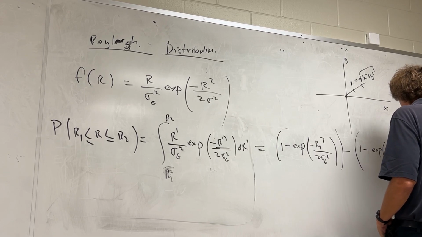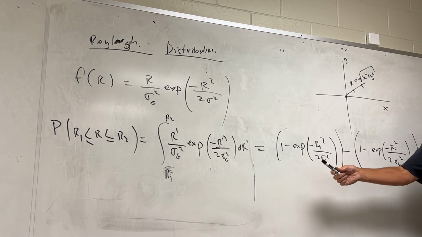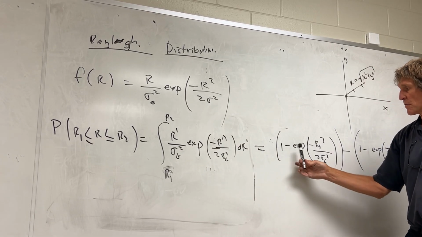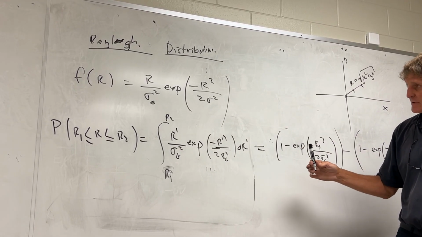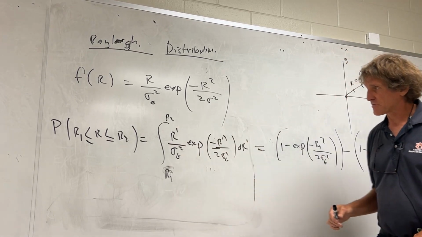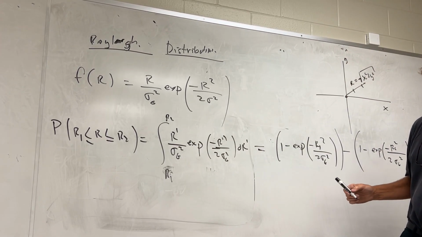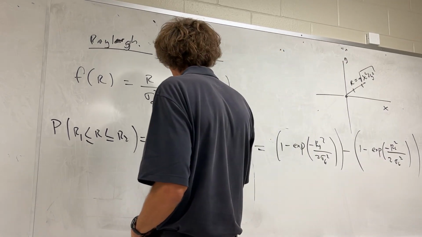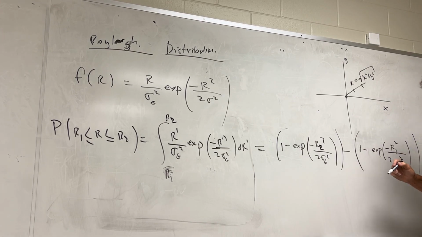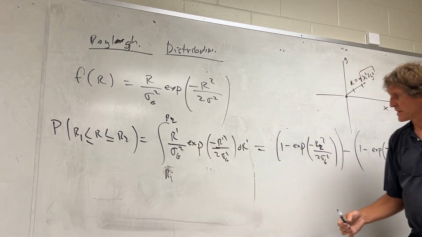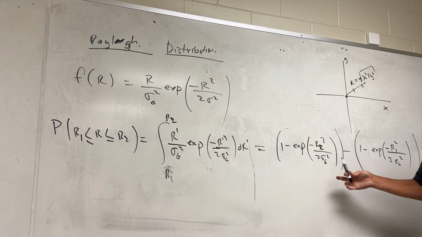Now, I wrote it down entirely. When you integrate this, you're going to get 1 minus exp to the whatever the values are. If it goes from 0 to R1, or I should call that R2, and this should be R1, pardon me, where this is further away, then you go from 0 to R2 is this value.